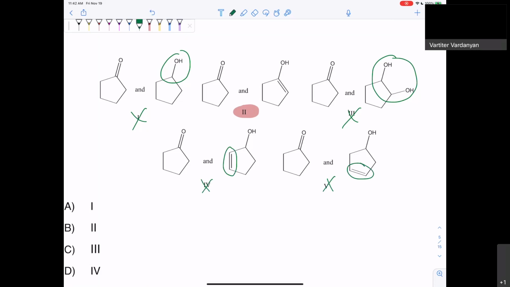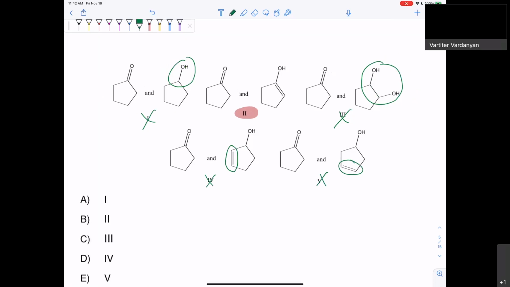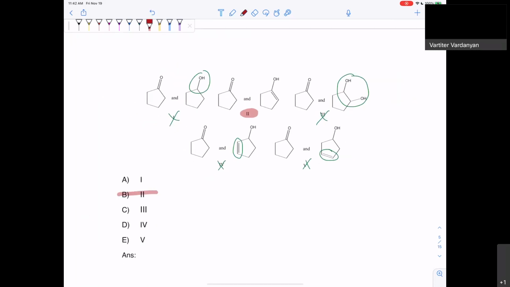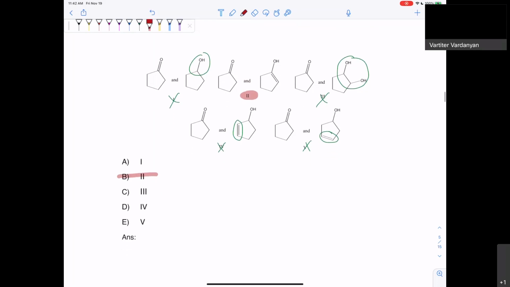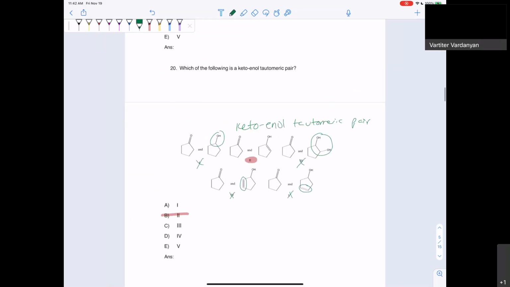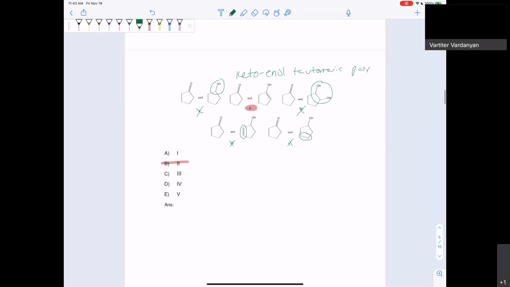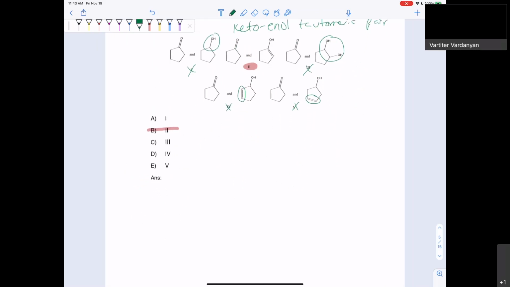So the answer has to be 2 or B in this case. And we're asking for the keto-enol tautomeric pair. It says which of the following is a keto-enol tautomeric pair. I just couldn't fit it all in one.